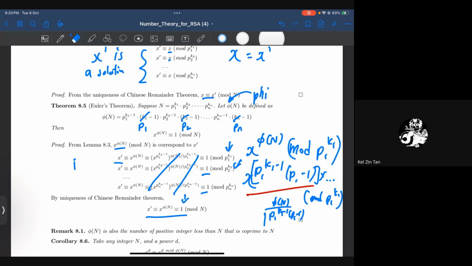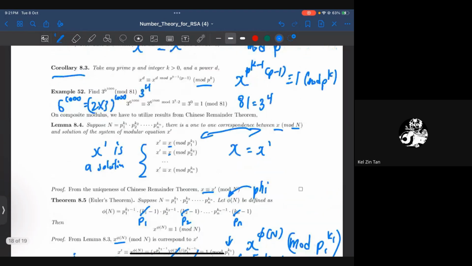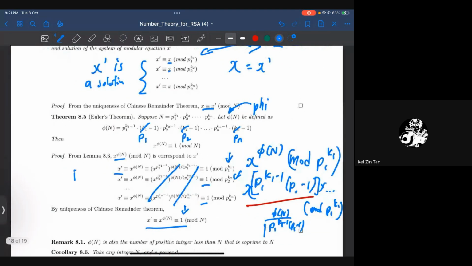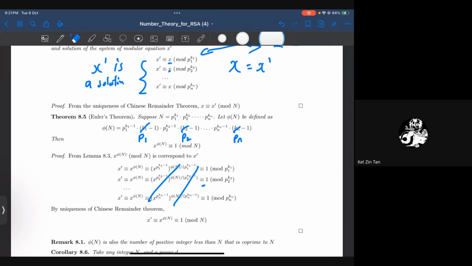Yeah, right. So basically we prove Euler's theorem. It's getting kind of messy, so let me just erase some of the not so important part. Okay, so we basically say that we have this value phi of n, and when we raise x to phi of n, it will be congruent to 1 mod n.